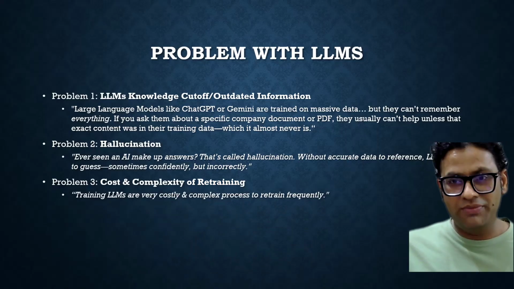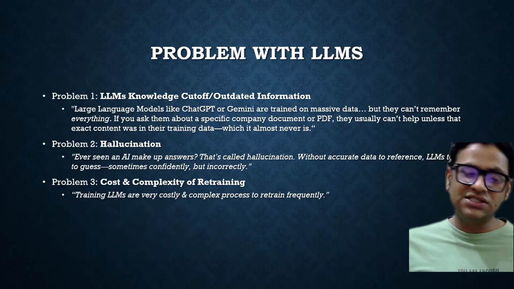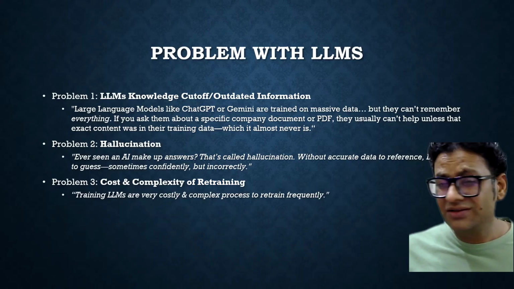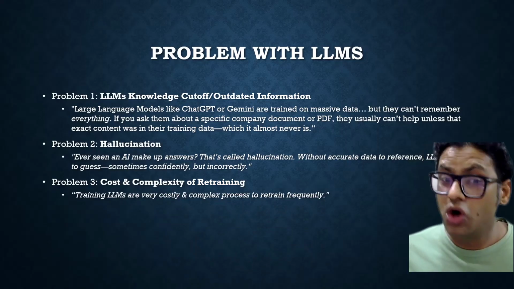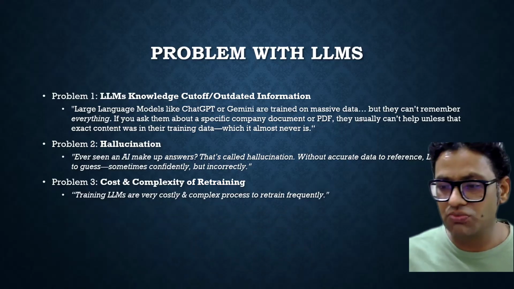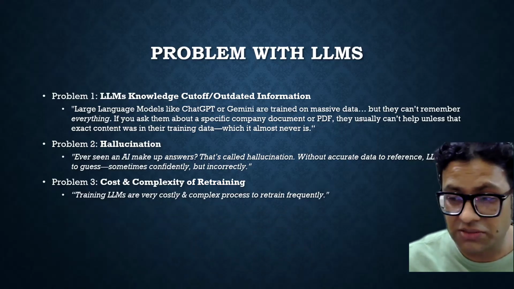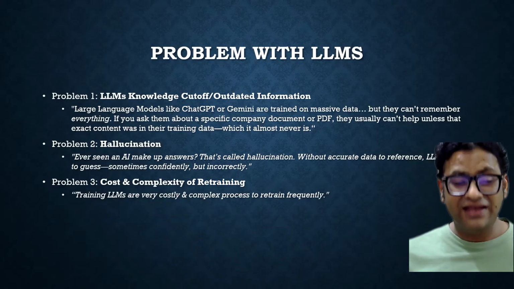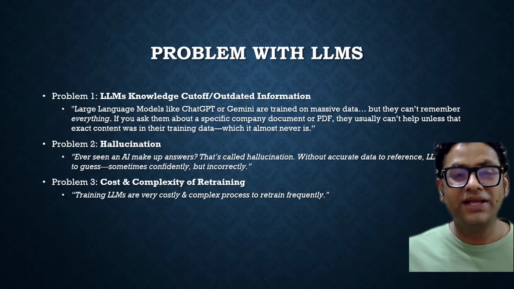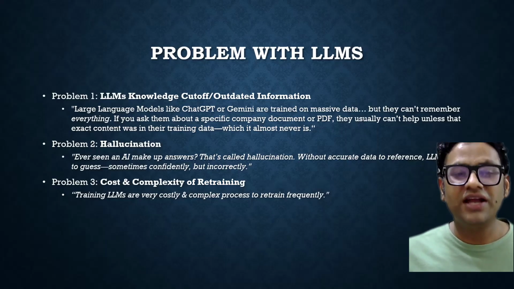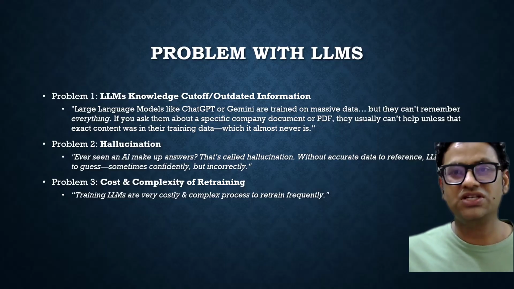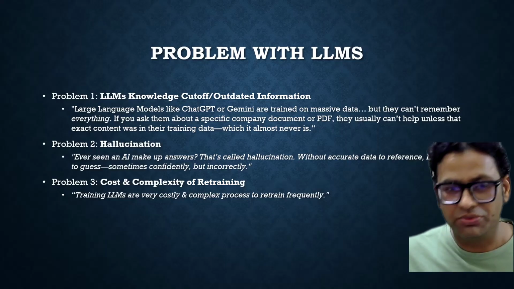The third problem is, how can we overcome outdated information? The obvious answer is we can just retrain the model, but we all know retraining these large language models is not really feasible. It requires a lot of complicated processes and is related to a very huge cost, which is not easily manageable.